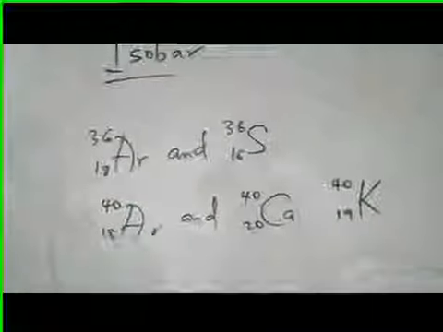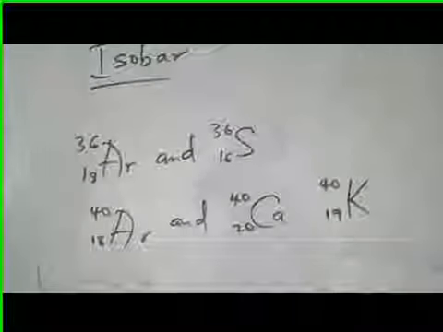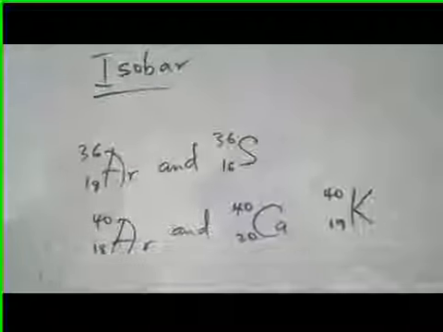In isobars, we have the same number of neutrons but different numbers of protons.